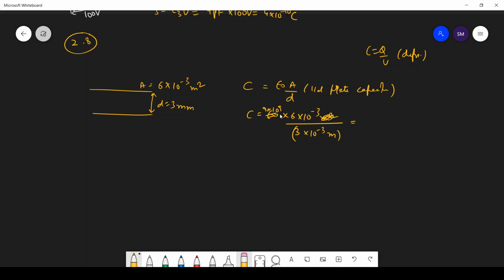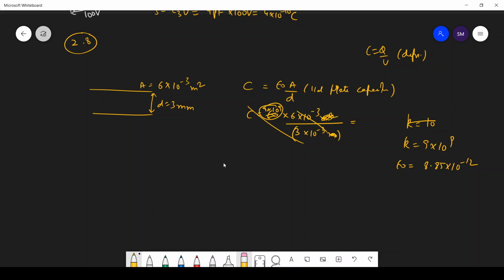Don't write the units here if you are not writing units at other places. Okay, this is the value of K, students, this is not the value of epsilon. The value of K is 9 into 10 to the power 9, that is Coulomb's constant, but the value of permittivity of free space is 8.85 into 10 to the power minus 12. I'm not writing the units here.